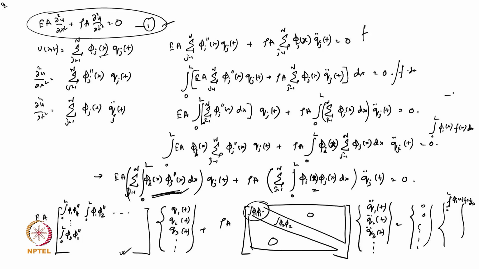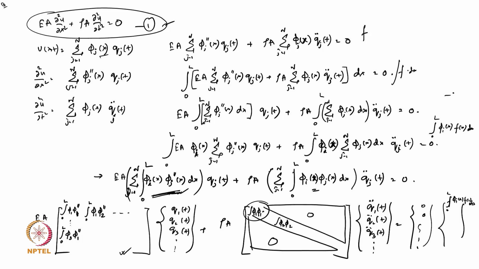Then you have to do the inverse Fourier transform to get the time history. That has a limitation: it is limited to linear systems, not nonlinear systems, because modal superposition will not be valid for nonlinear systems. Here also that limitation still remains, that it is valid for linear systems.